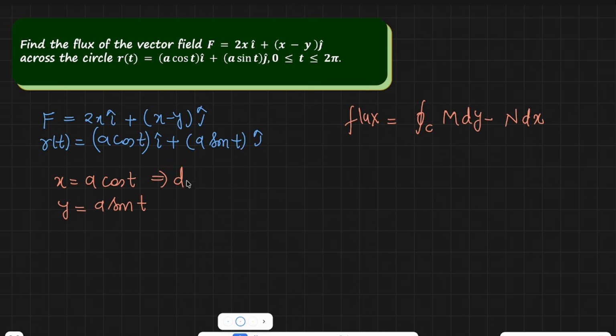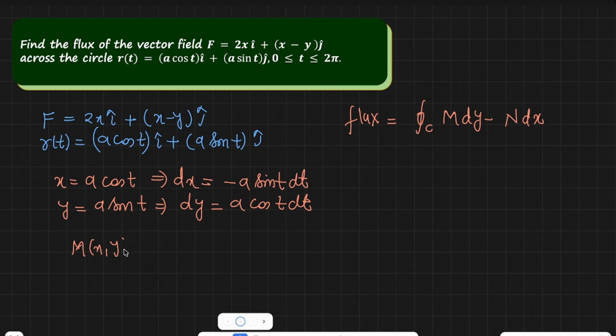So from here dx is nothing but minus a sine t dt. Okay, and dy is a cos of t dt. You replace it here, and from here what is your m? So m of x comma y is 2x, and n of x comma y is basically x minus y. Once you apply this, convert this into t.